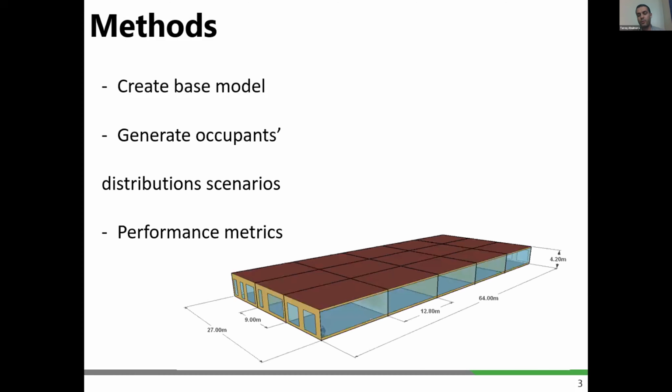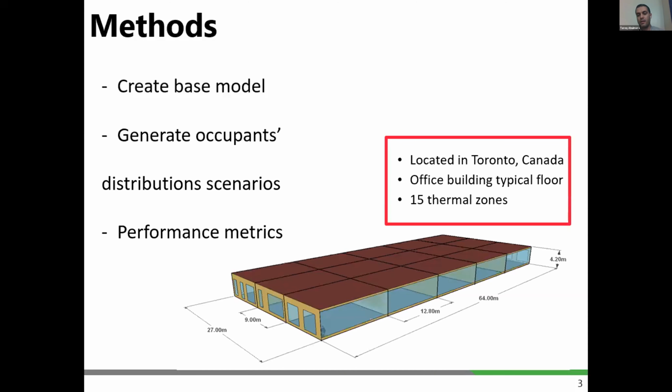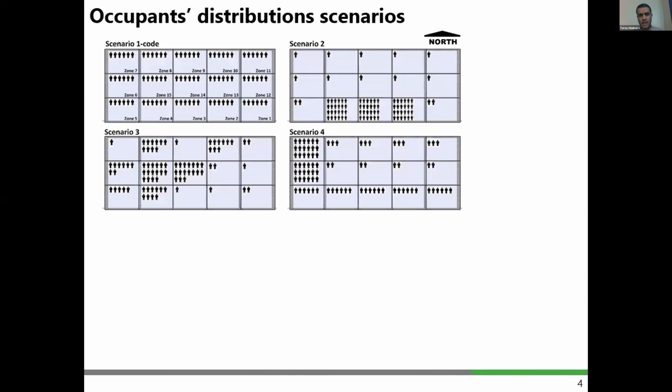And for this study, we used a model for a typical office building located in Toronto. The model had 15 thermal zones. And we used about 93 occupant distribution scenarios. They were randomly generated to represent different distribution scenarios in buildings.